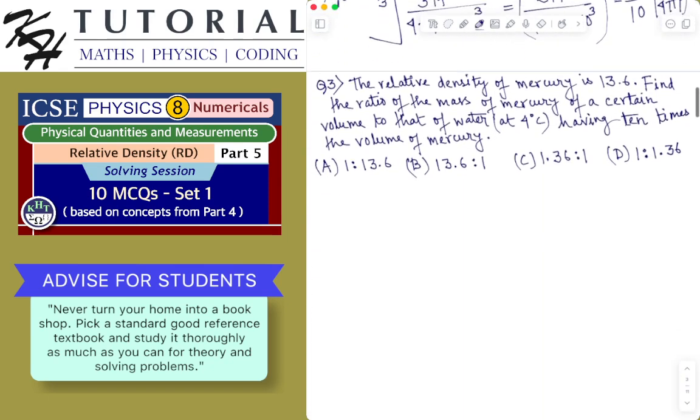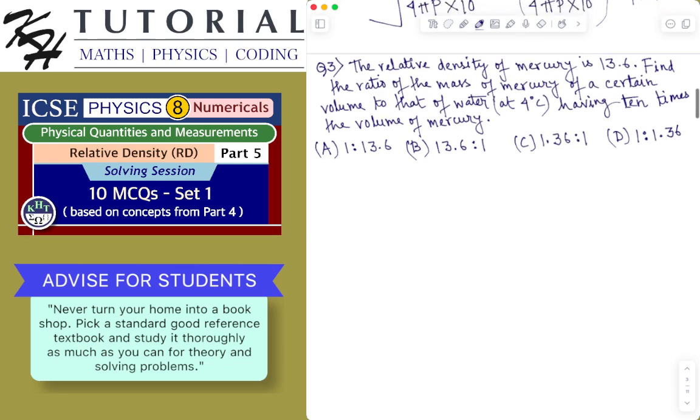Question number 3 says the relative density of mercury is 13.6. Find the ratio of the mass of mercury of a certain volume to that of water at 4 degrees centigrade having 10 times the volume of mercury. So we are given the relative density of mercury as 13.6.